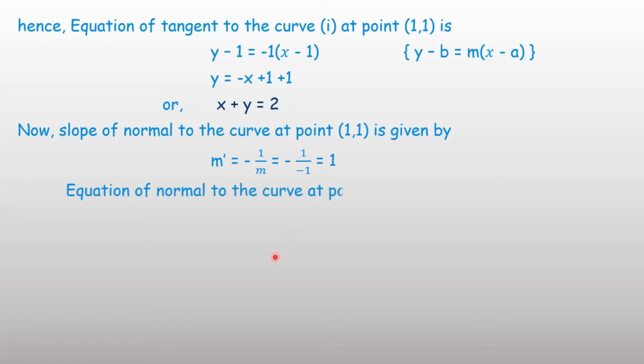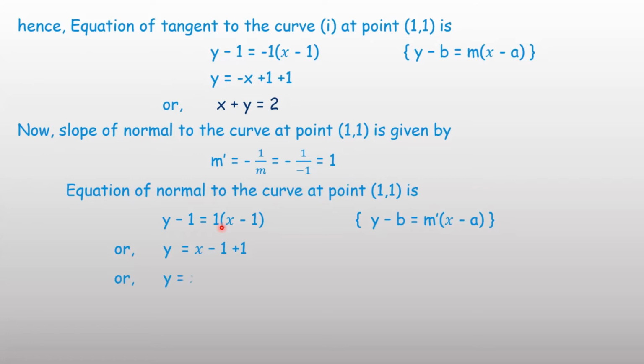Therefore, the equation of normal at the given point we can write as y minus b equal to m dash into (x minus a), means y minus 1 equal to 1 into (x minus 1). Open the bracket and simplify. After solving, you get the result y equal to x, or x minus y equal to 0, is the equation of normal at the given point.